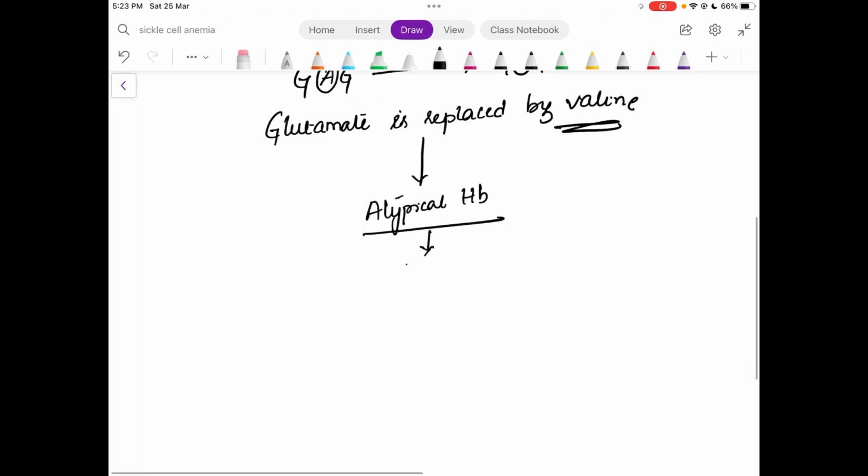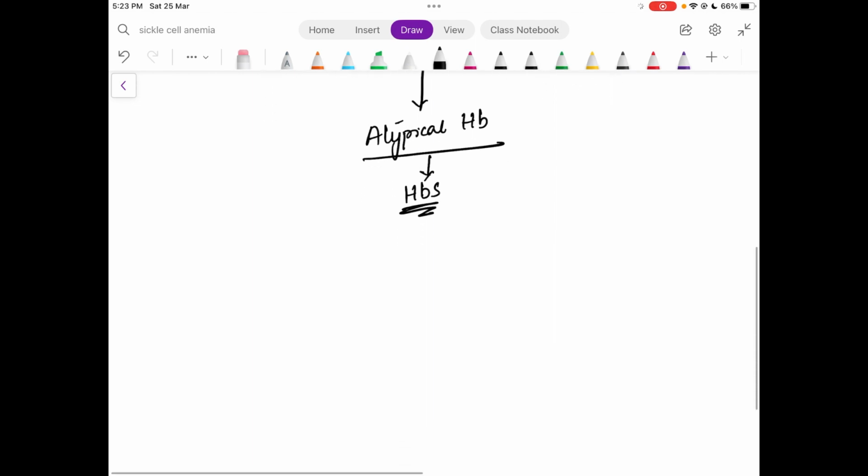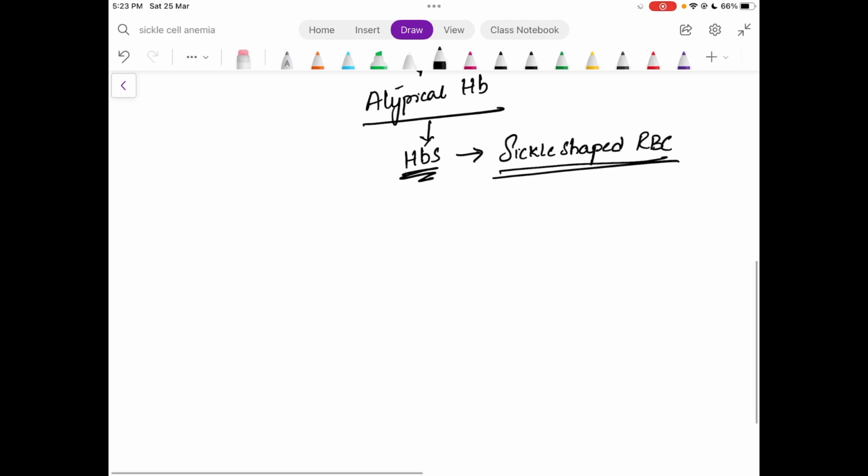And this atypical hemoglobin is called HbS, and this causes change in the shape of RBC, that is sickle shaped RBCs will be formed in the sickle cell anemia patients.